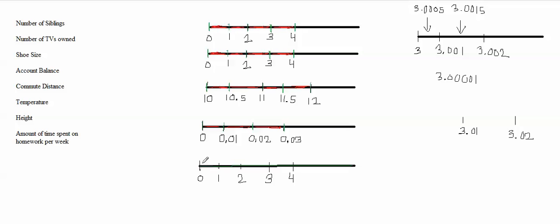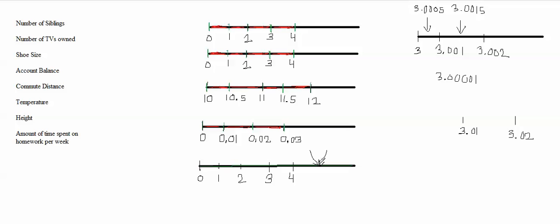But down here, the possible values are not separated from each other. You could think about it as we have two possible values here, and they're touching each other. They're not separated from each other.